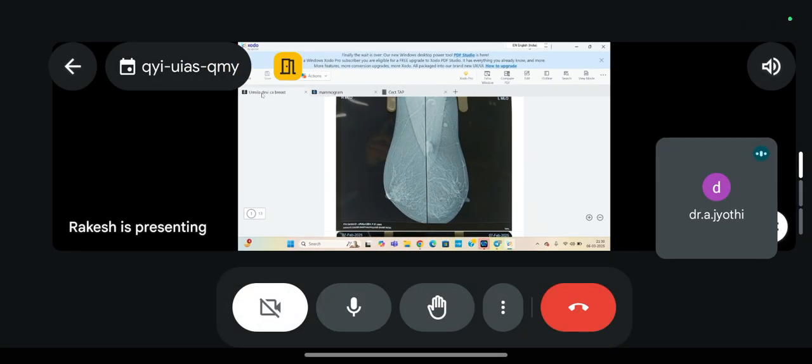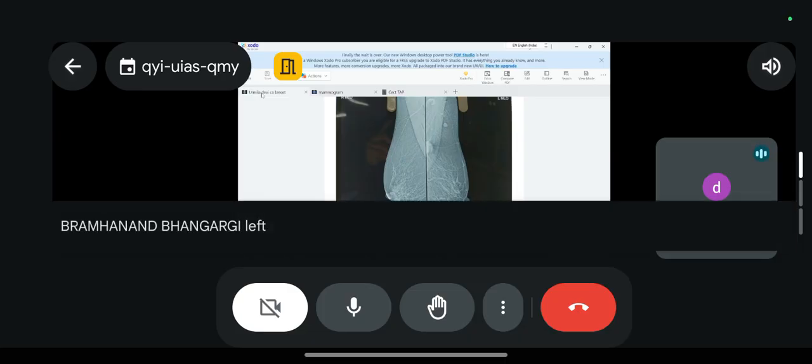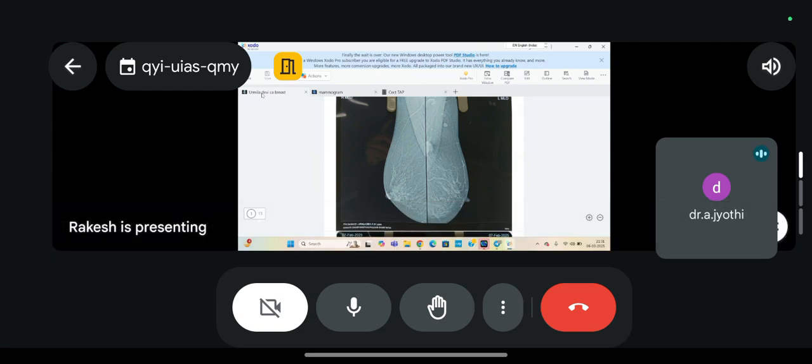First is size, shape. Shape will be round in malignant. Size is generally taken as more than 1 centimeter, but it can still be sub-centimetric and can have significant findings that they are metastatic.